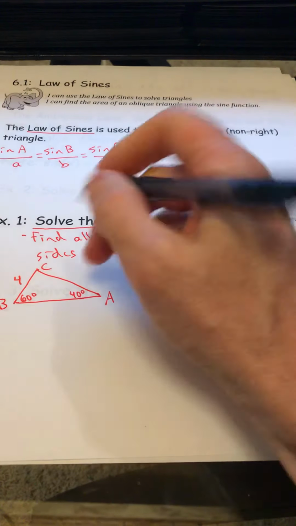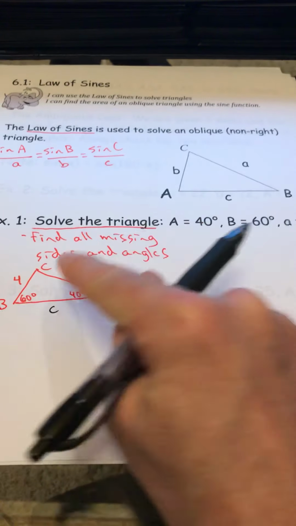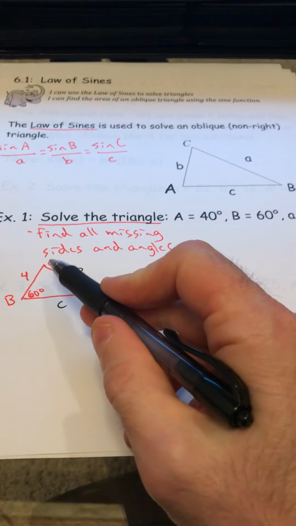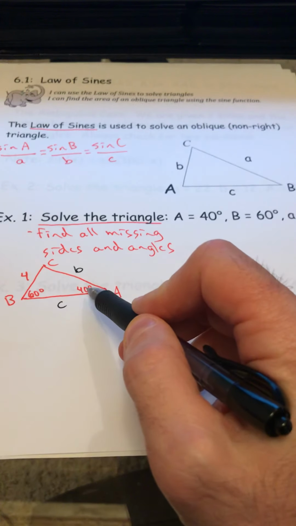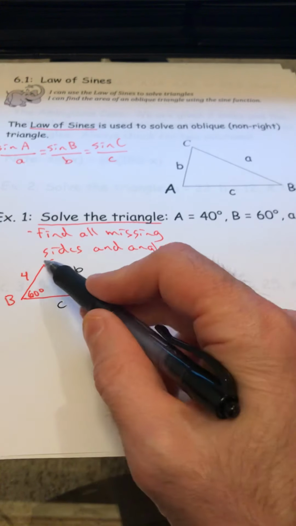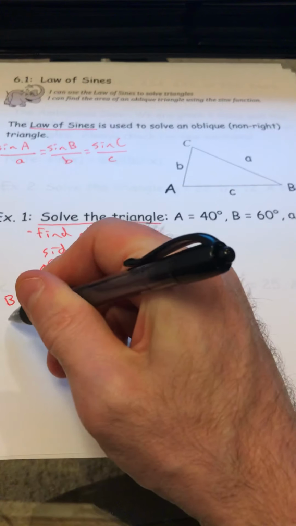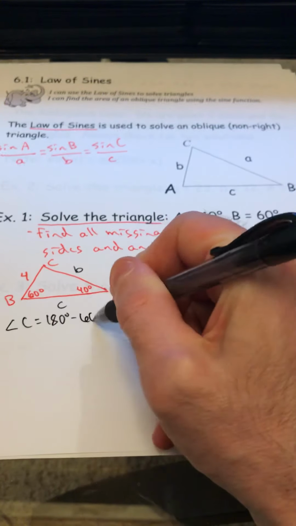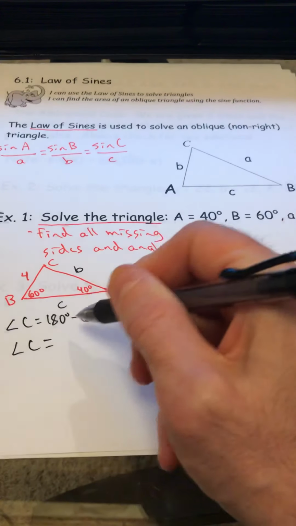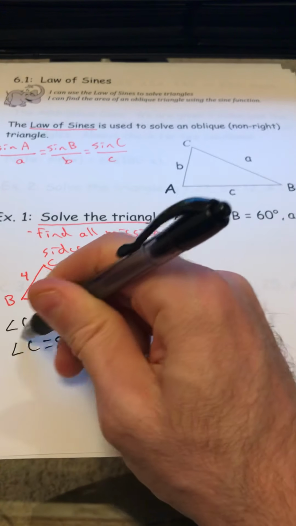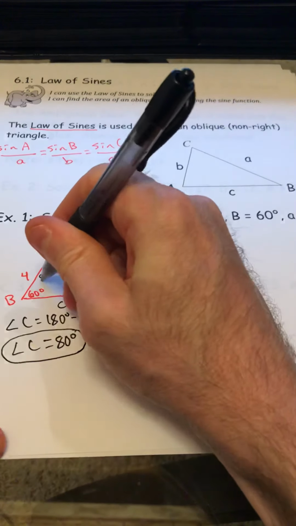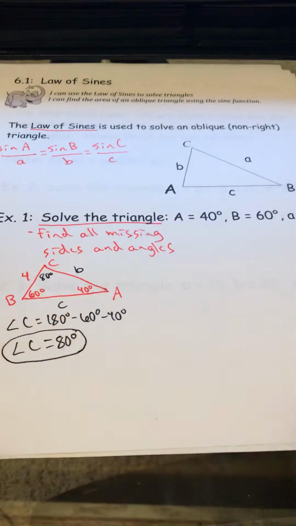We do need to find side B, side C, and of course the easiest thing that we can go ahead and start with is angle C. Well, to find angle C, we know all three angles in a triangle add up to 180. So, angle C will equal 180 minus 60 and 40. So, angle C is 80 degrees.